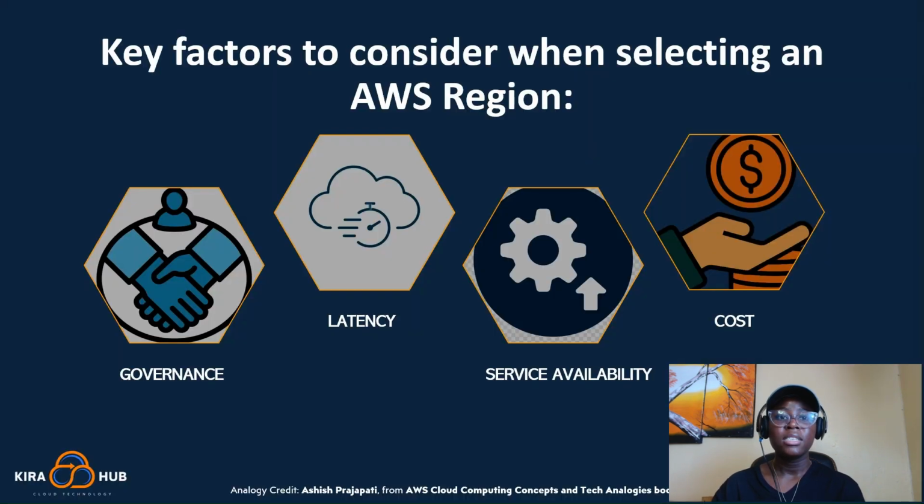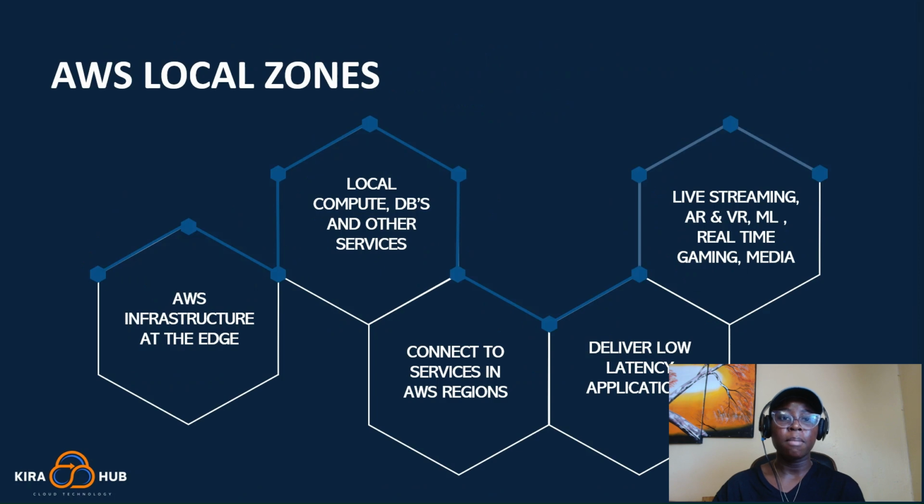Next I want to talk about AWS Local Zones. With Local Zones, we have AWS infrastructure at the edge, meaning the infrastructure is closer to the customers. For example, we have our region located in Cape Town, but we have lots of users in Nairobi, maybe with a media streaming or live streaming application.